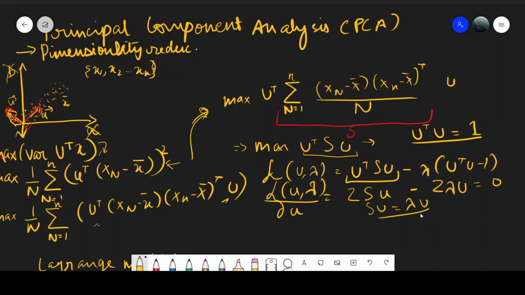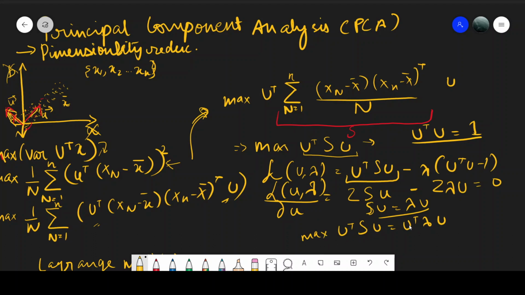Now this would seem very familiar if you know your linear algebra well. This is the equation that describes the relationship between eigenvalues and eigenvectors. So if I have Su equals lambda u, I'm going to replace u transpose Su with u transpose lambda u, because I just took Su and put lambda u over here, and that's what I have to maximize.